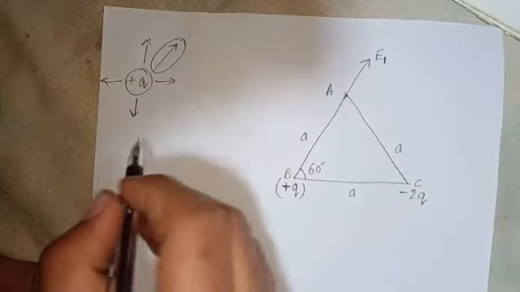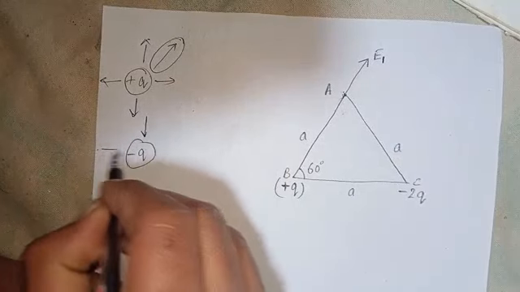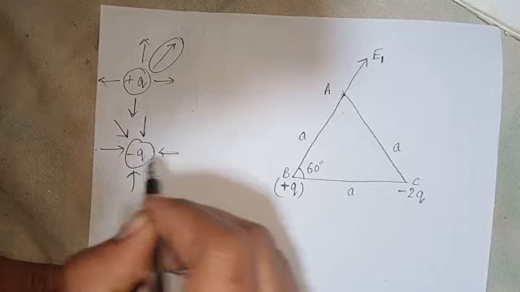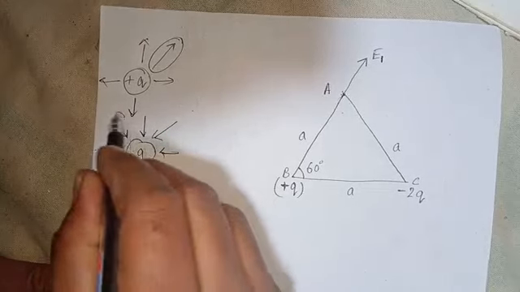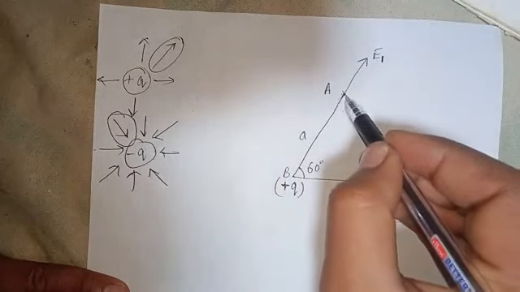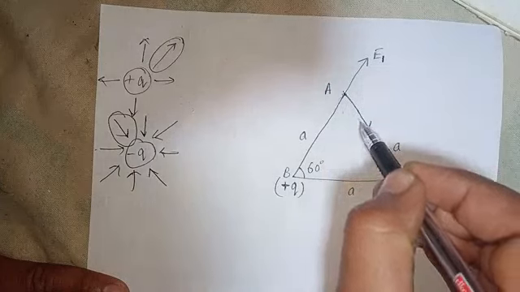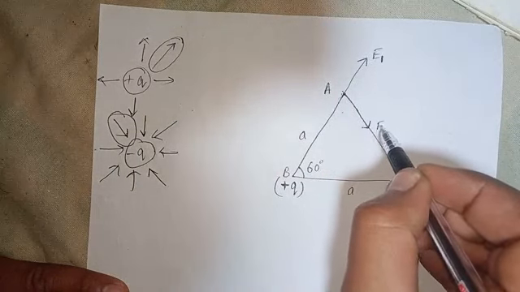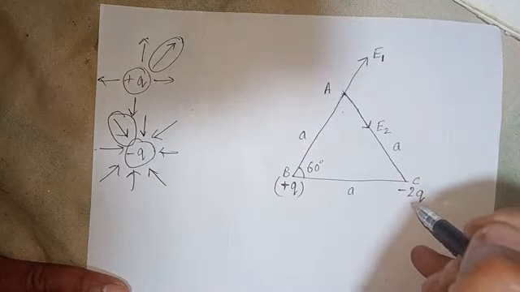Because of the minus 2q charge, we all know the electric field is in the inward direction. If it is inward, then if we consider this arrow, the electric field will be in this direction, and we have to make this arrow slightly bigger, because the value of E2 is greater than E1, because this charge is bigger.